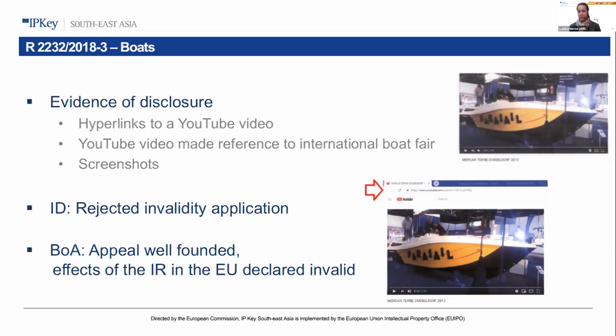I want to mention an interesting document. We will put the link into the presentation that we will publish about a common practice that has been agreed between EUIPO and national offices for the criteria for assessing disclosure of designs on the internet.